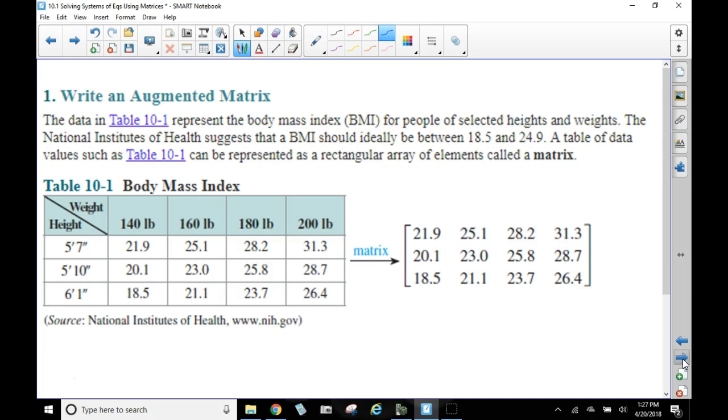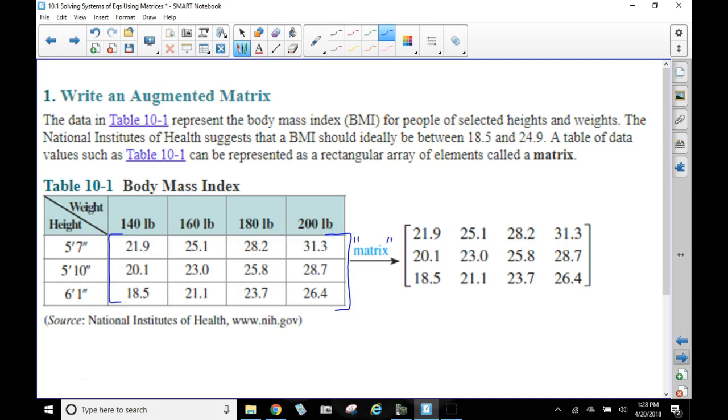It says the data in table 10-1 represents the BMI for people of selected heights and weights. So we can extrapolate the most important information from this chart and put it in what we call a matrix.